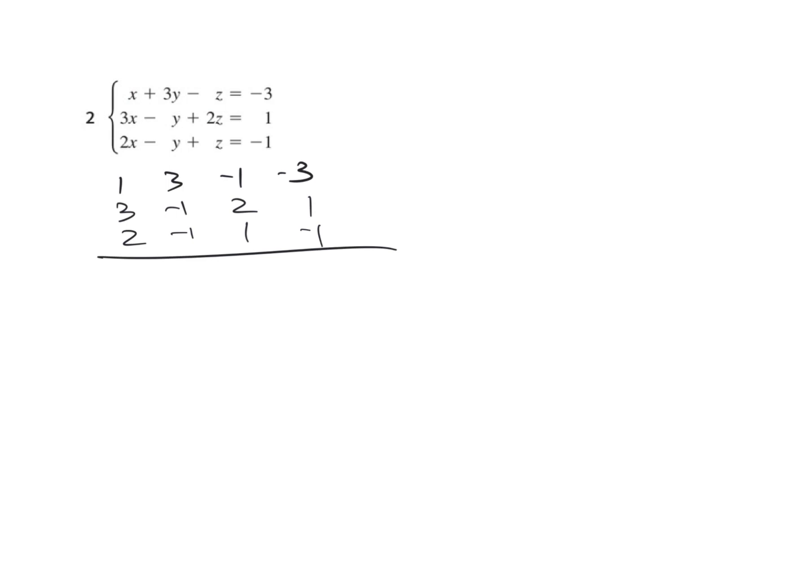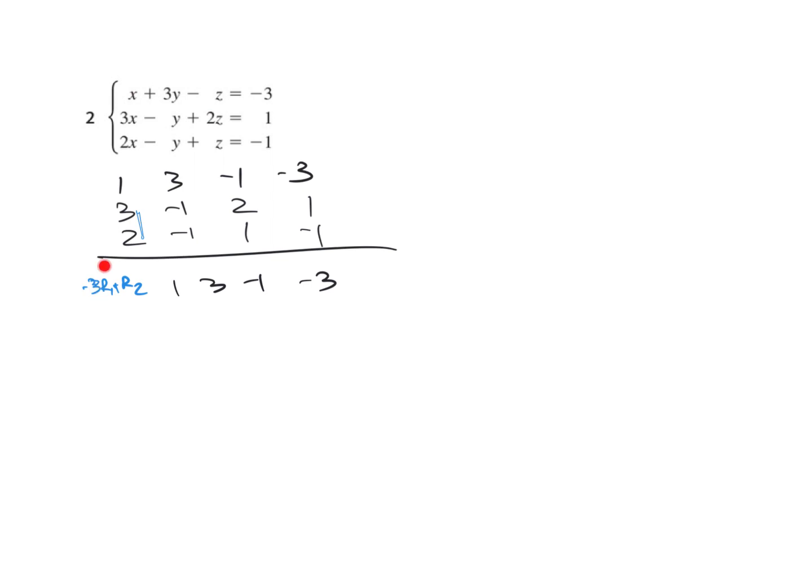Let's see. We need this to be a 0 and that to be a 0. So let's do -3 times row 1 plus row 2. Row 1 stays the same: 1, 3, -1, -3.